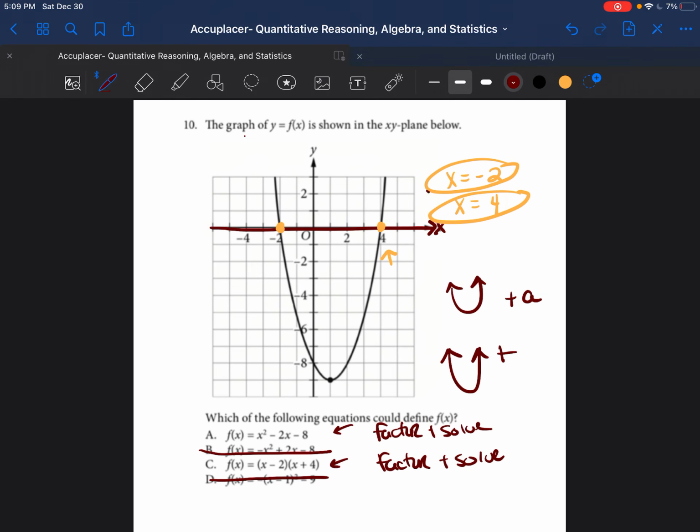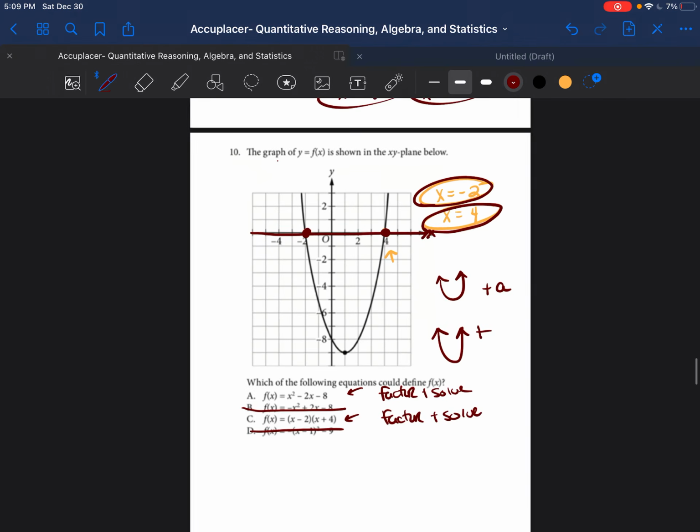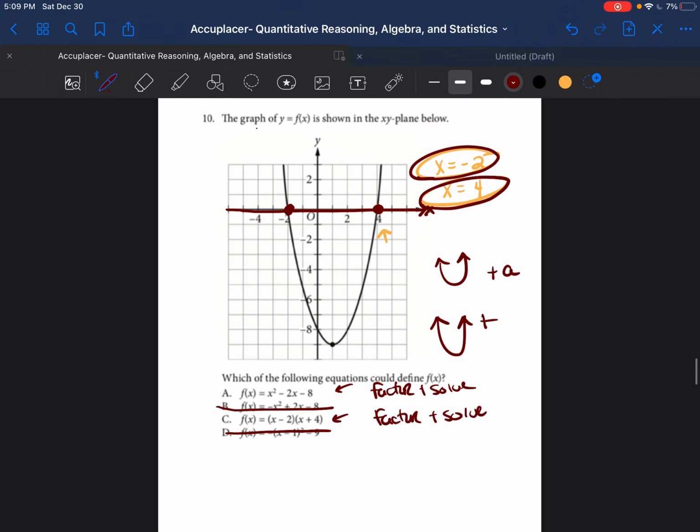And we knew that they had to be x equals negative 2 and x equals 4 because those are the points on the x-axis. So very simple as long as you understand the basic concepts of functions. Wherever this graph goes through the x-axis, those are 2 of the points on the graph, or 2 of the solutions.